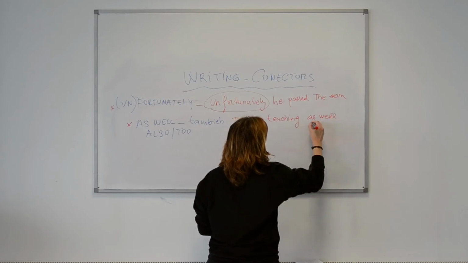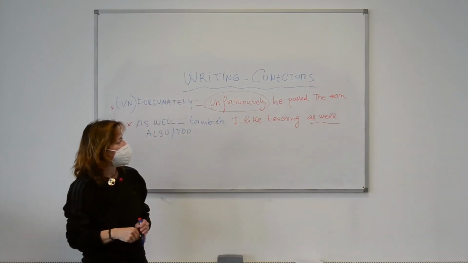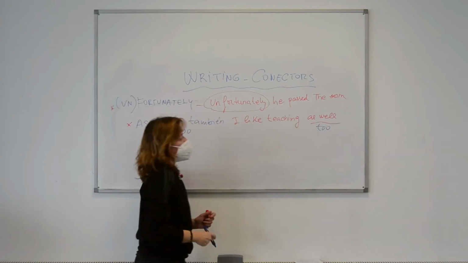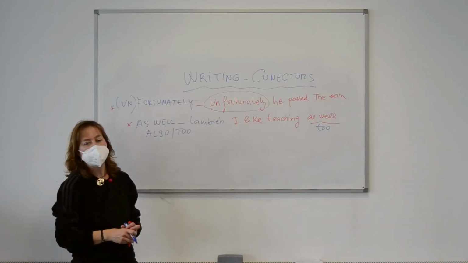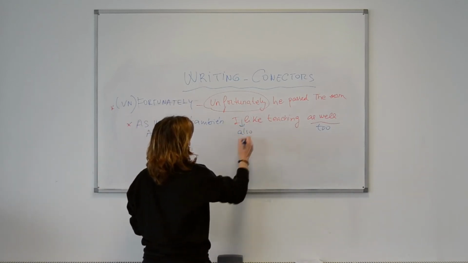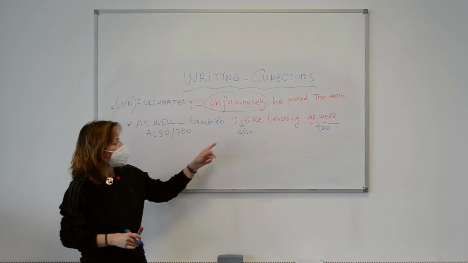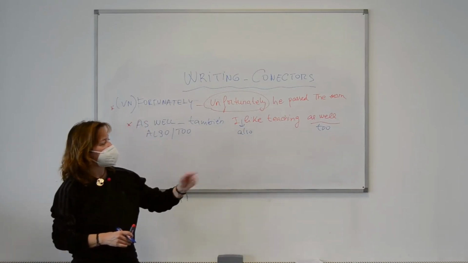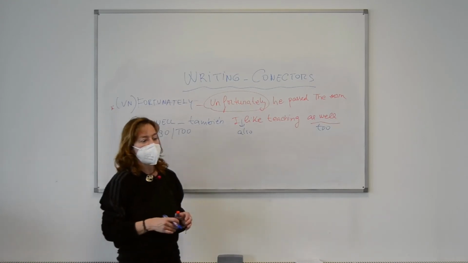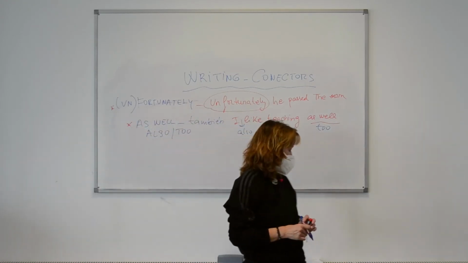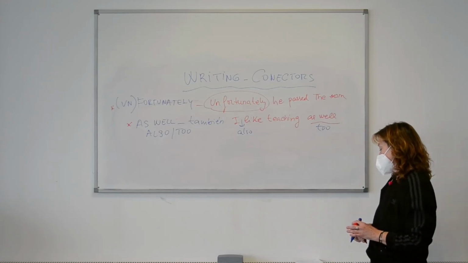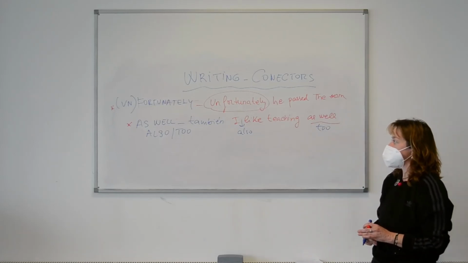This adverb is usually placed at the end of the sentence, as well as too, and means the same, and also should be placed before the verb. I also like teaching, I like teaching as well, or I like teaching too. All the sentences mean more or less the same, but we use different adverbs in order to join them.